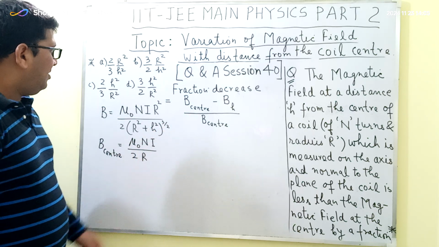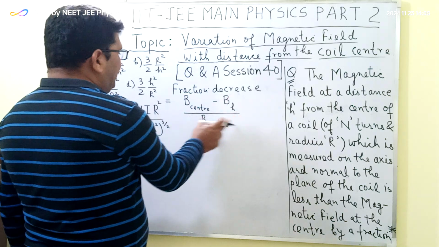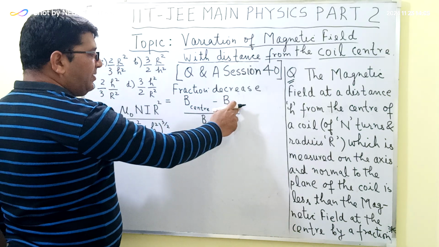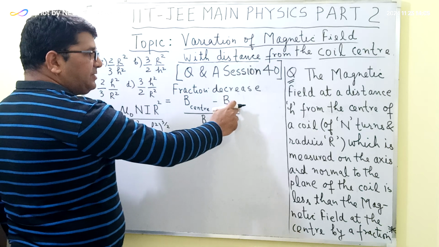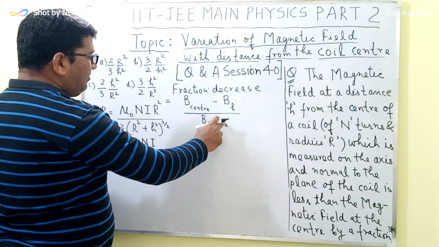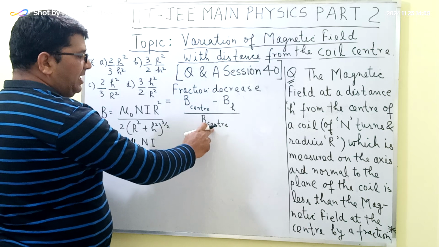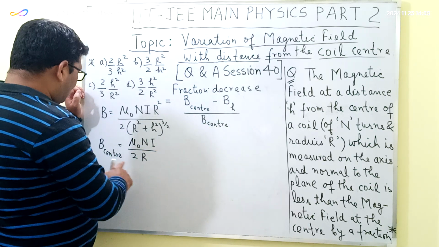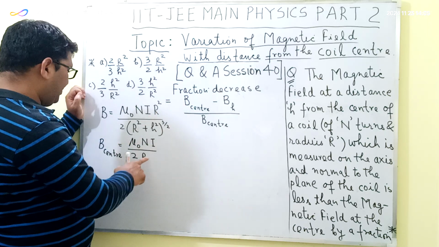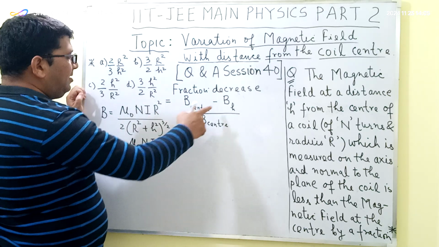Now we have to find this value, that is the fractional decrease, that is B center minus the magnetic field at a distance h from the center of the coil on the axial line divided by the magnitude of the magnetic field at the center. So we have already found the value of the magnetic field at the center, which is equal to mu naught N I upon 2r.